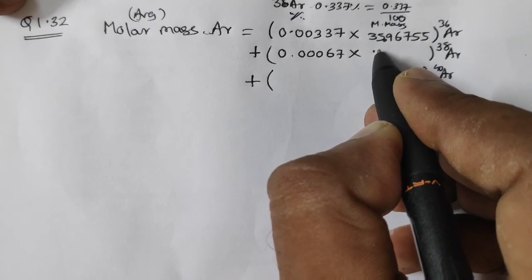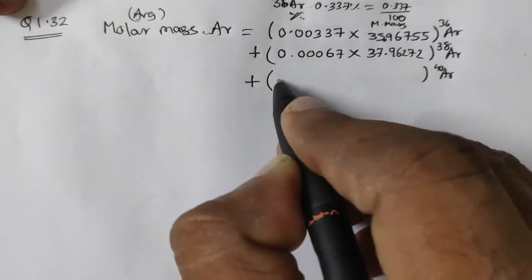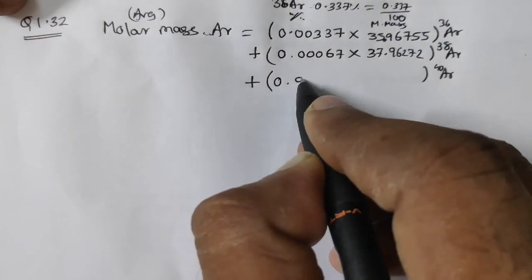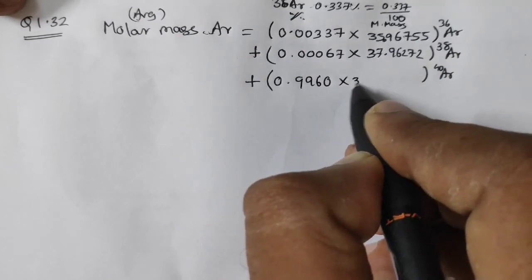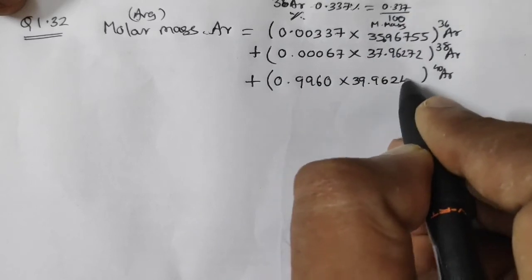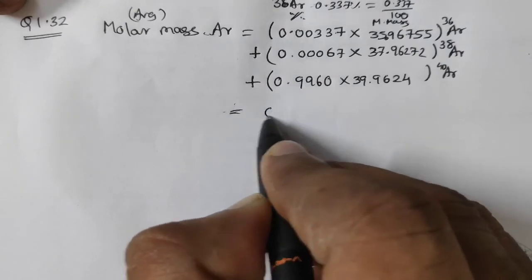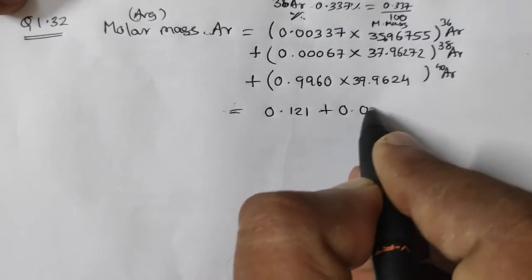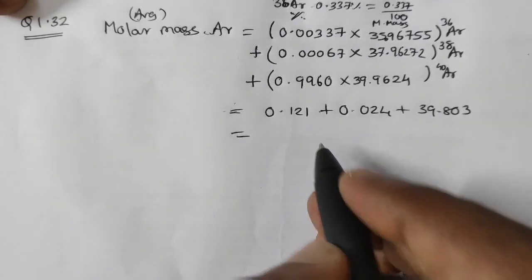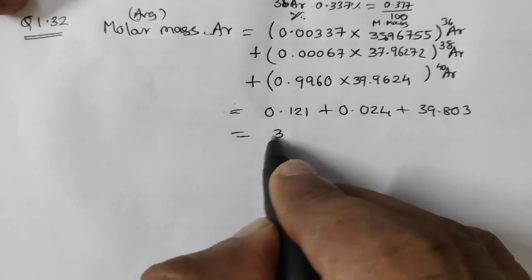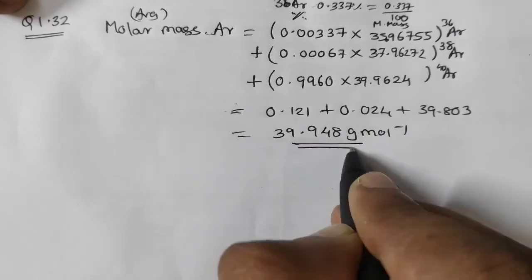Here it will be 37.96272, here 0.9960, into 39.9624. If you calculate, it will be 0.121 plus 0.024 plus 39.803, which is equal to 39.948 gram mole inverse. Understood?